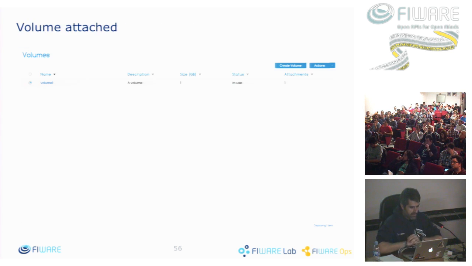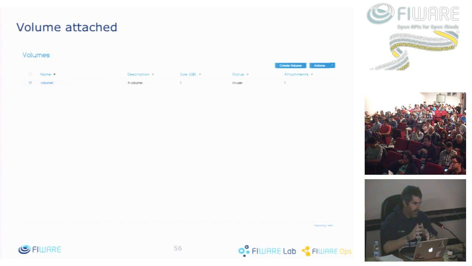You will see after several seconds something like that. The volume is in use, but it does not mean that you can use the volume. It means that you have the possibility to use the volume, but the instance is not configured to use it.